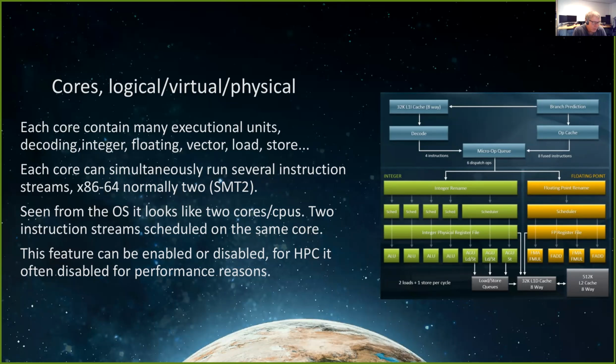A modern processor runs a stream of instructions that we can call a thread. The simplest way: a thread is a stream of instructions. You can easily see on this block diagram that there are a lot of boxes.